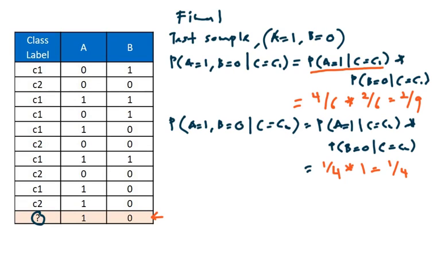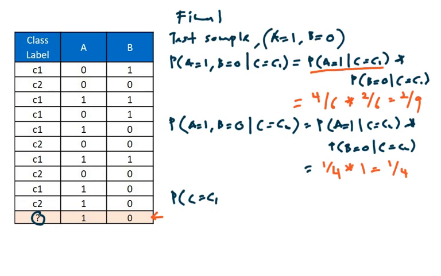Alright, so now you managed to find the conditional probability. Now we need to find the conditional probability for C equals C1. All the computation I'm doing is just trying to find the numbers or the probabilities.